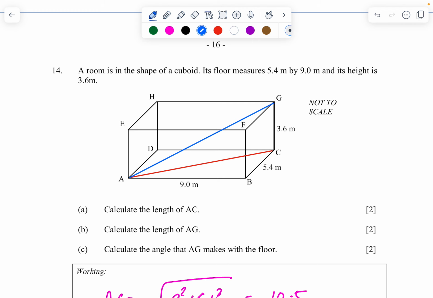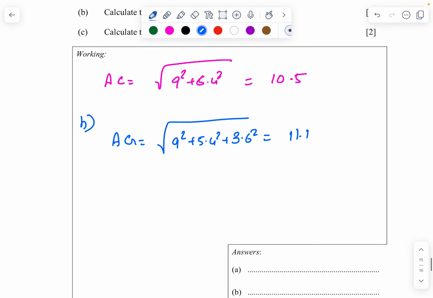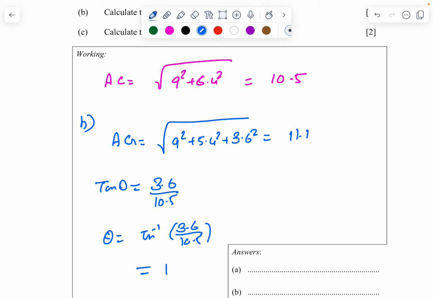Tan theta equals opposite side 3.6 over adjacent side 10.5. So theta equals tan inverse of 3.6 divided by 10.5, which is 18.9 degrees. That's going to be the answer for that question.